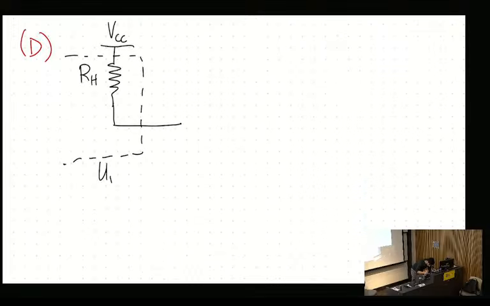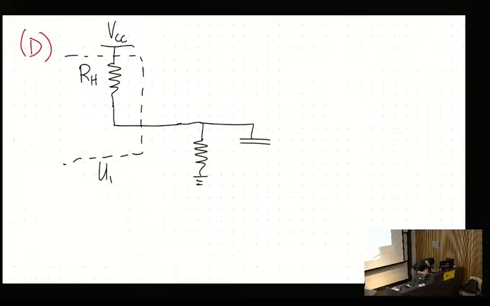At the output, we have a resistor and a capacitor, so this is our load. There's also some output voltage here, and there is an output high current.